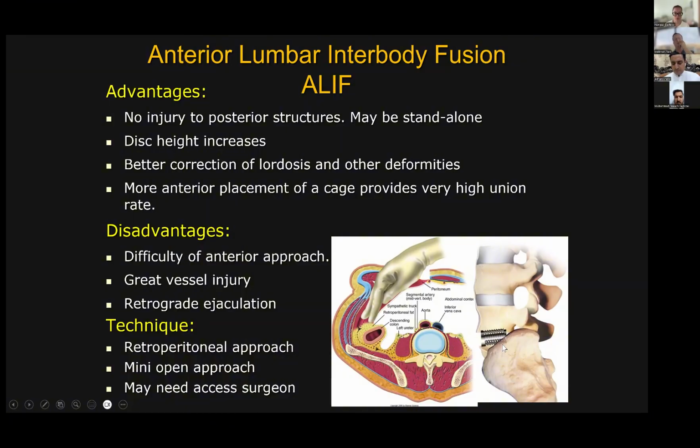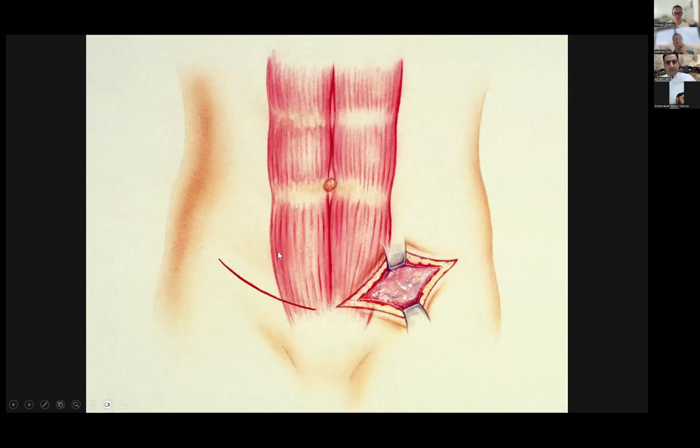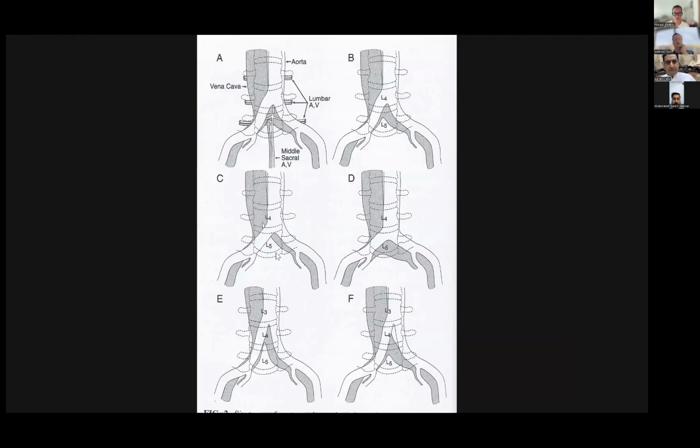Then you make a retroperitoneal dissection. For L5S1, you must work in between the two iliac arteries and veins.